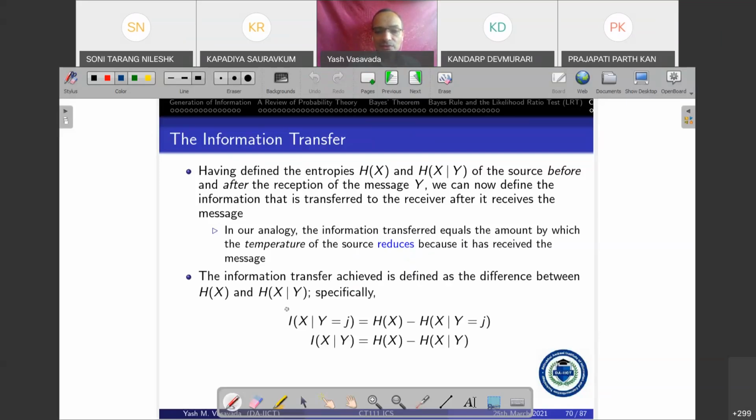And so when you get a particular message, the information conveyed by that message becomes h of x minus the conditional entropy of x given y. And the overall information that you get on average is just the difference of these two entropies, h of x minus h of x given y. So this is a very nice way to capture the notion of information as it gets transferred over a communication channel.